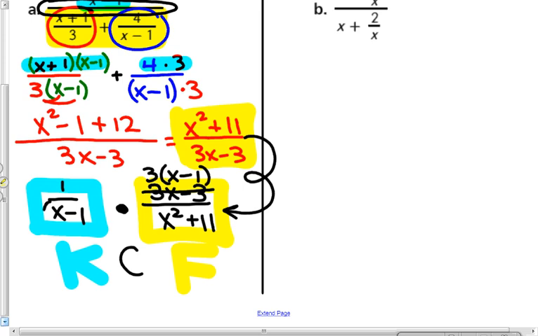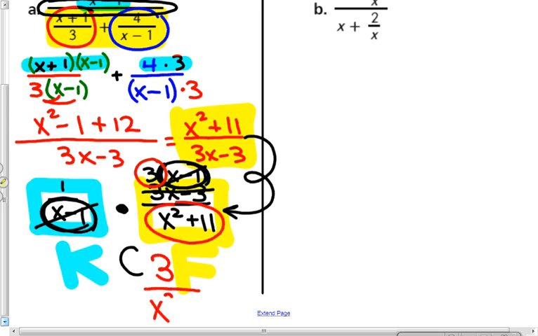The reason I'm doing that is if there's an x minus 1 in the bottom and an x minus 1 in the top, what can we do? Cancel them out. So the only thing left in the numerator is 3 times 1 over x squared plus 11. And that's why I said that was your final answer.